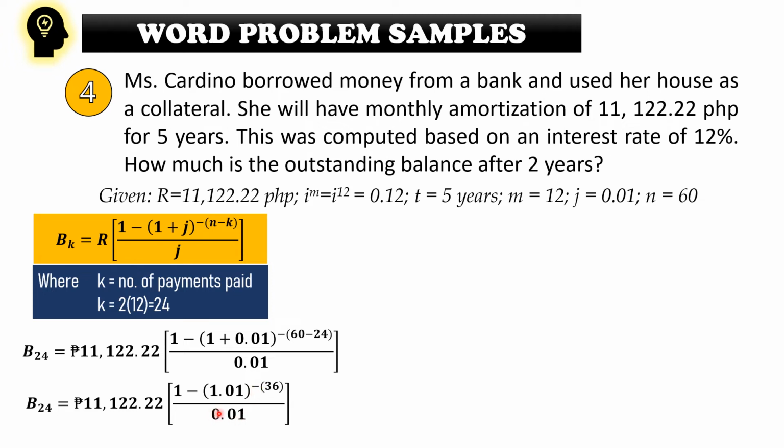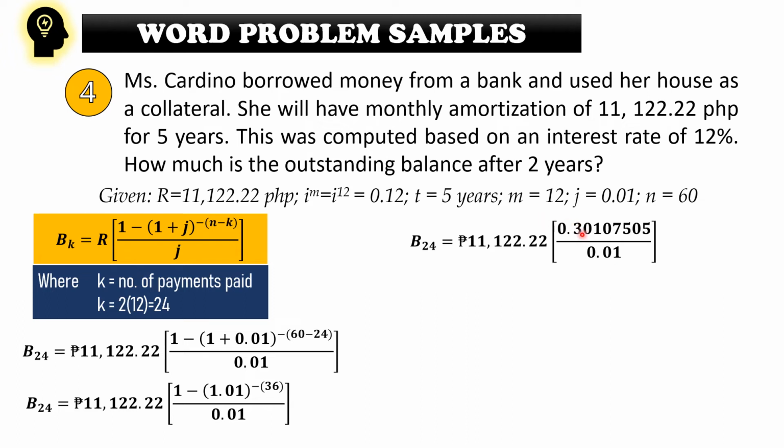Okay, using your scientific calculator, input 1.01 raised to negative 36, then press equal sign, and then subtract that from 1, and it would be equal to 0.30107505 all over 1.